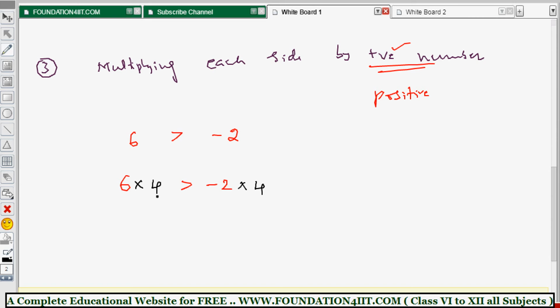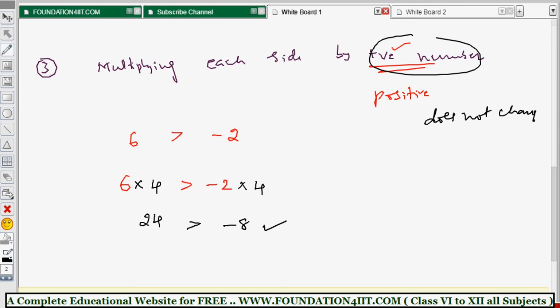Okay, positive number. You can check this rule. 6 times 4 is 24 and minus 2 times 4 is minus 8. Yes, obviously it's correct, 24 is greater than minus 8. So multiplying each side only with a positive number does not change the inequality.